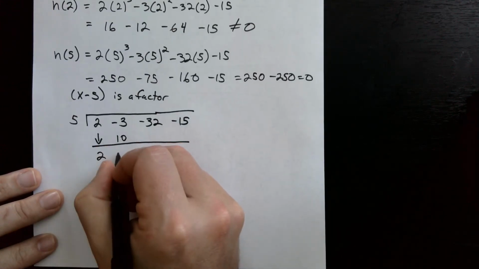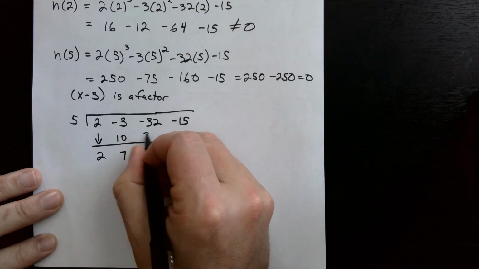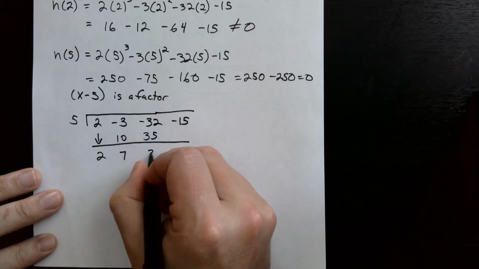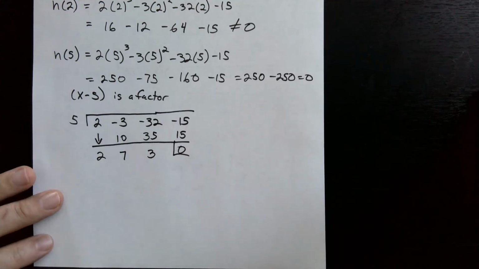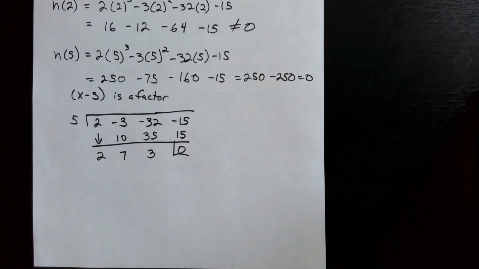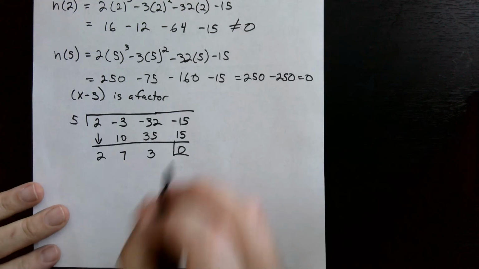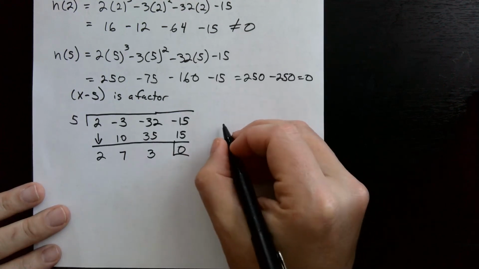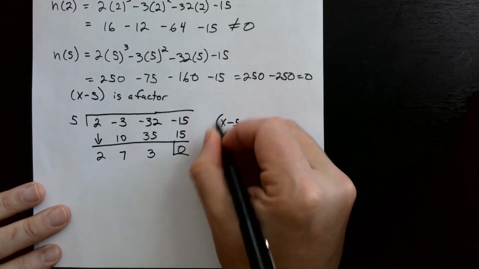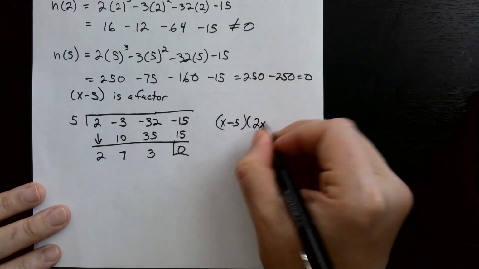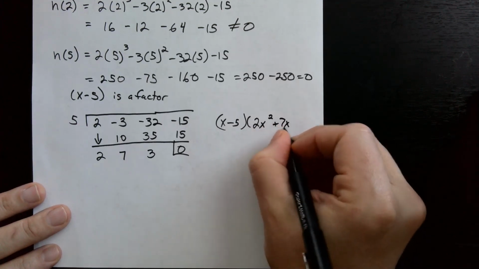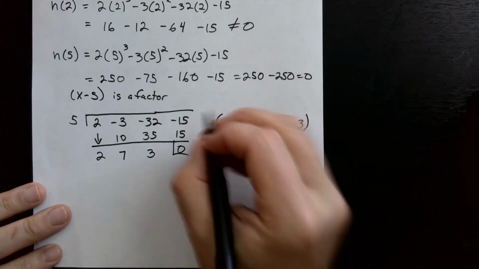Multiply, add, multiply, add, multiply, and then add. Okay, so that works. You get 0 as an answer. So we know that it's a factor, and we also know that what's left when we divide h of x by x minus 5 is 2x squared plus 7x plus 3. So that's h of x.